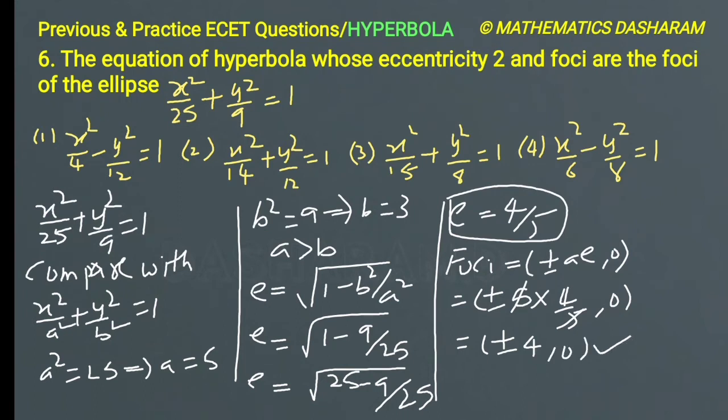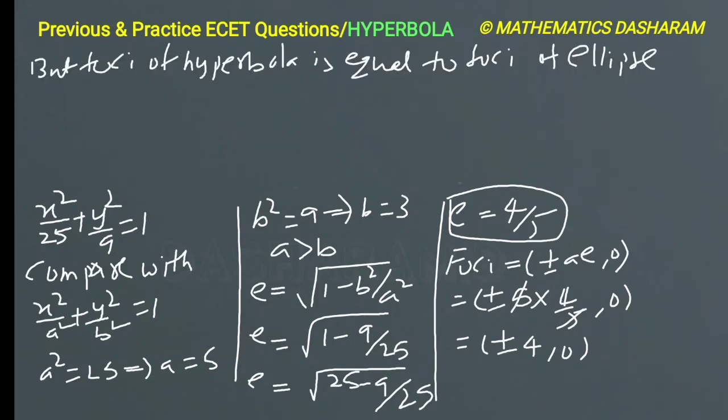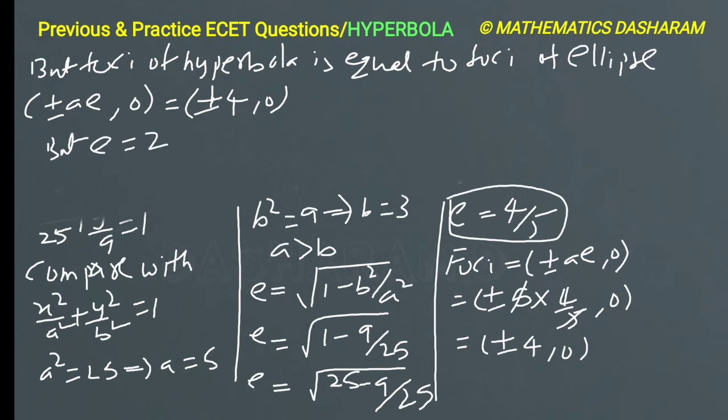So the foci of the ellipse are plus or minus 4 comma 0, and these will be the foci of the hyperbola. So the foci of the hyperbola, same formula, plus or minus ae comma 0, equal the foci of the ellipse, plus or minus 4 comma 0. And the e value is already given in the question, the eccentricity of the hyperbola, that is 2.